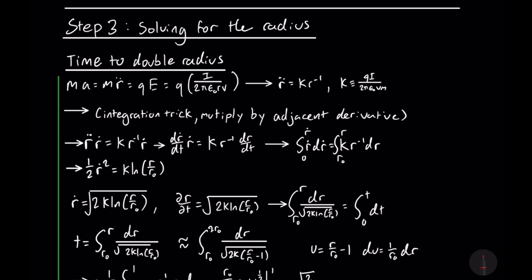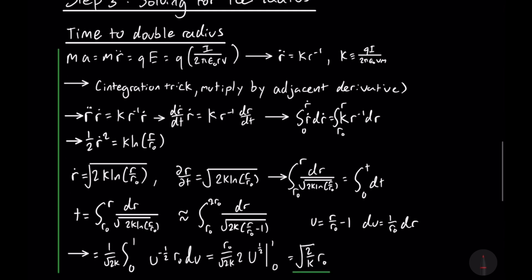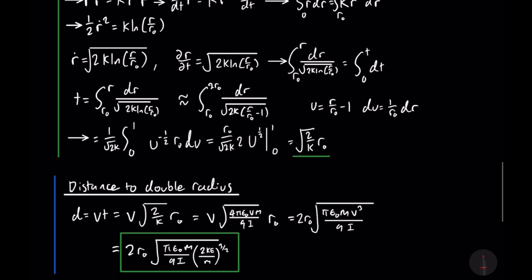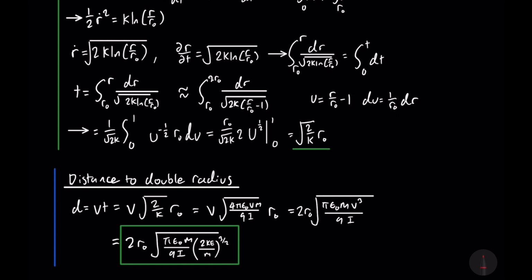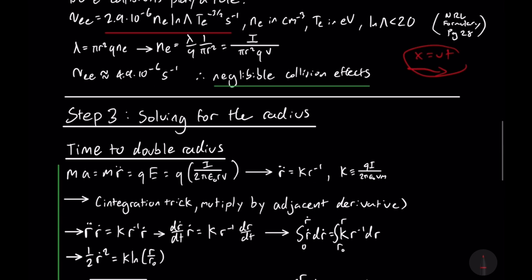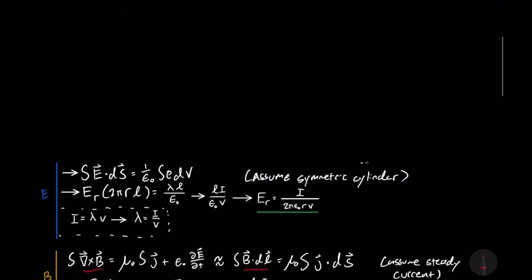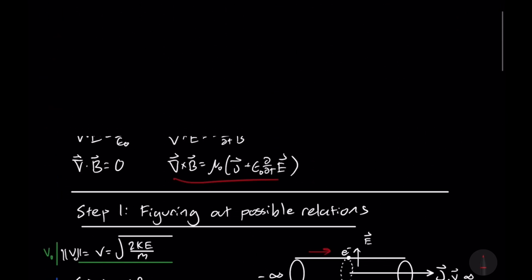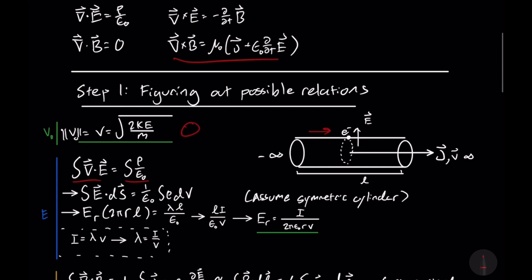Typically when you look at this and integrate it, you'll get the time. So we'll be trying to find the time it takes for the radius to double first, and then if we know the time, we can know the distance because we can find the velocity. We already figured out how to find the velocity given this relation over here.